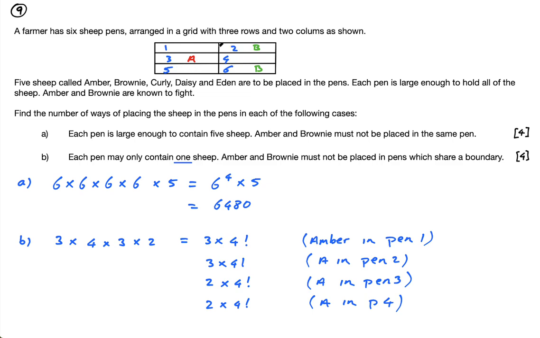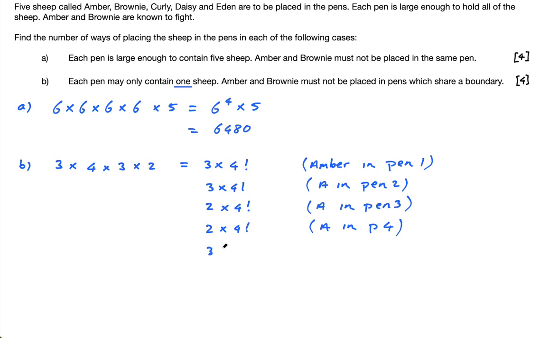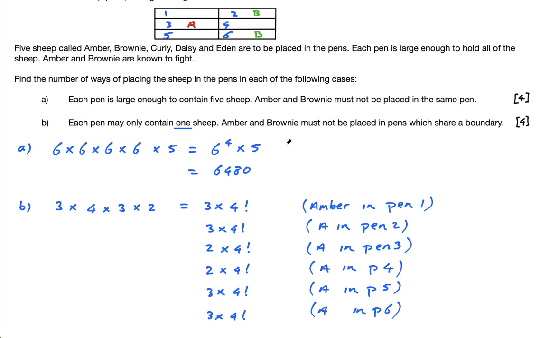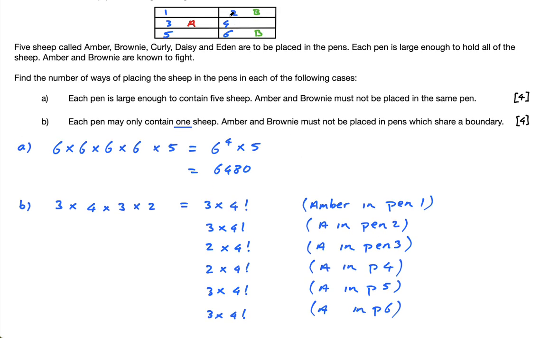Again, Brownie can go into these 3. So now I just have 3 times 4 factorial. This is Amber in pen 5. And then 3 times 4 factorial is Amber in pen 6. That's the same, because if you put Amber here, Brownie can go into these 3, and then again 4 factorial.